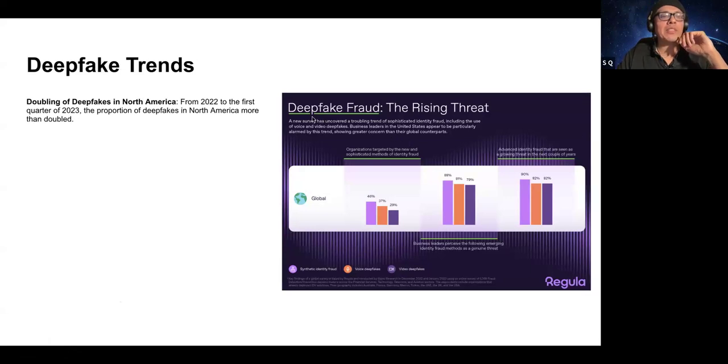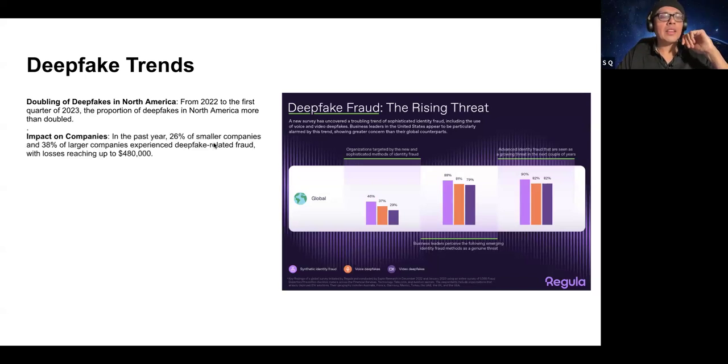Just quickly going over some numbers. Deepfakes doubled in North America from 2022 to 2023 in the first quarter. As for the impact on companies, smaller companies in the last year or so lost, and larger companies lost a total of about $480,000. Not actually that much, but over time it adds up.